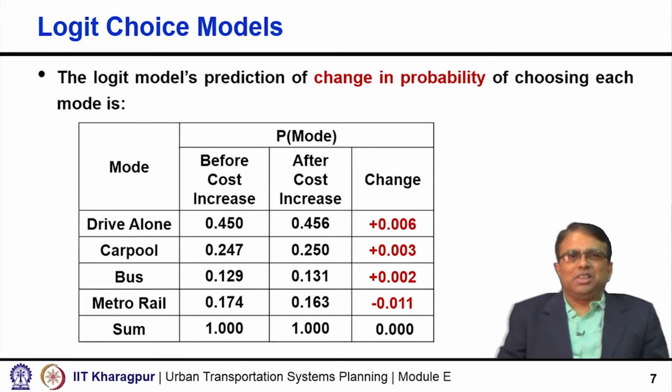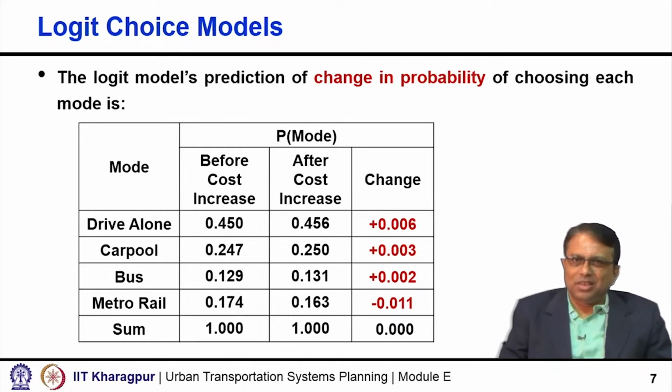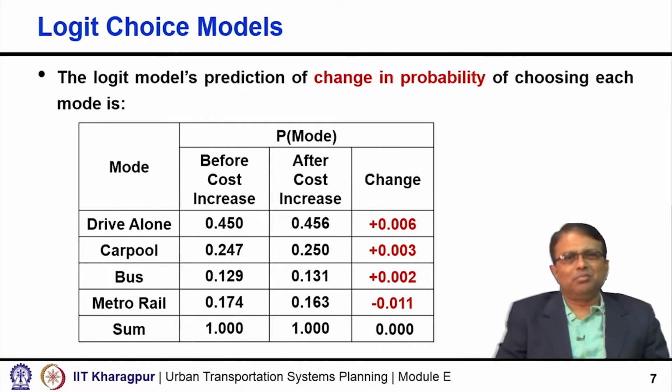But then look at this change. Now, I compare before cost increase what were the probability values for different modes, and now after cost increase, that 15 rupees increase in the fare by metro, what are the probability values?